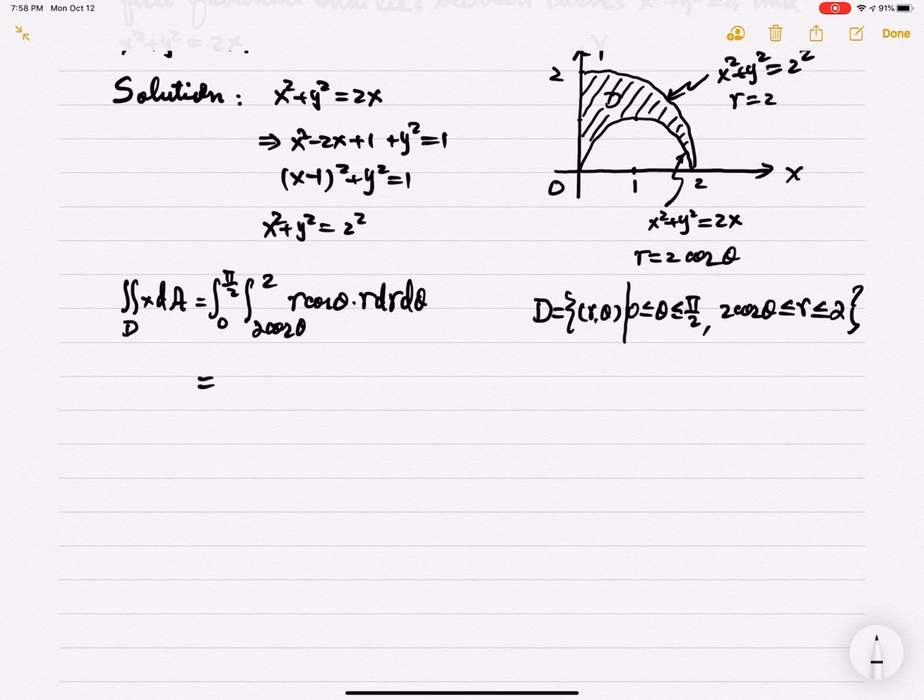This is not very hard to evaluate. Theta goes from 0 to pi over 2. First, integrate with respect to r.